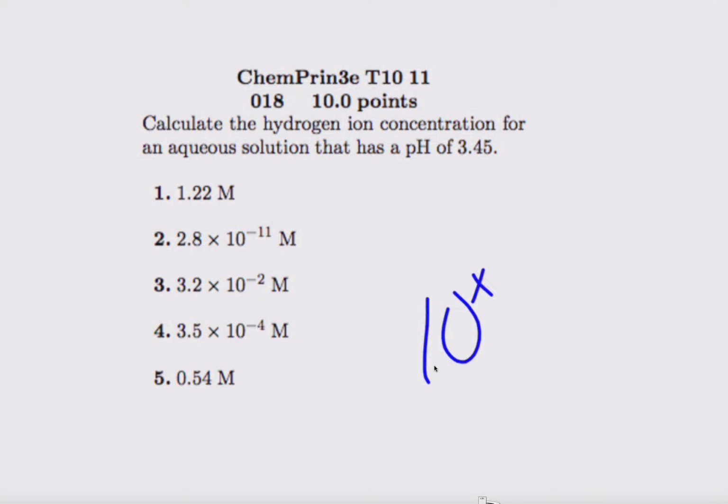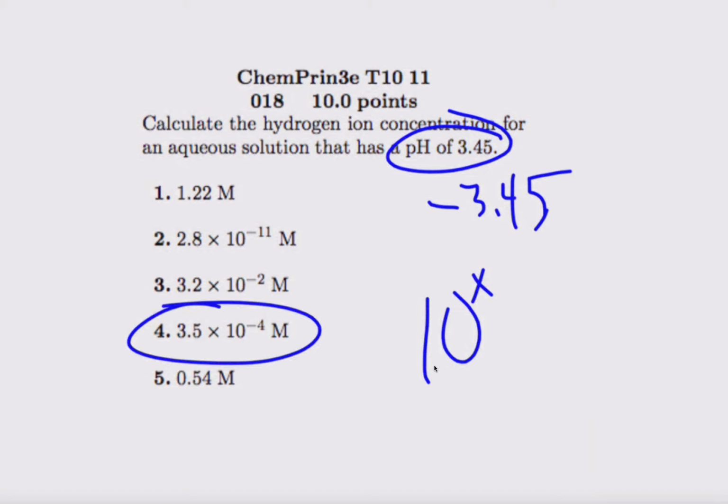So you would type in 10, hit the 10^x key, and then type in negative 3.45, because you've got to remember the pH is the negative of the log. So that means when we put the anti-log in, we've got to make it a negative again. So if you take the anti-log of negative 3.45, then the answer you're going to get is 3.5 times 10 to the negative fourth.